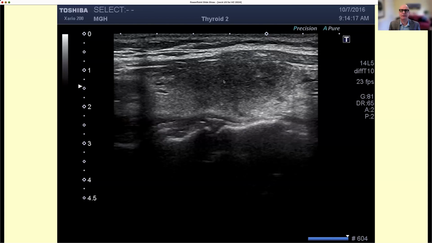Let's be systematic. What's the texture like? Compare it with the muscle. Hypoechoic. It is hypoechoic. It has very irregular margins, and it is kind of a semi-diffuse pattern. So that's very typical of subacute thyroiditis. You can imagine if you put a finger here, the person is going to jump.